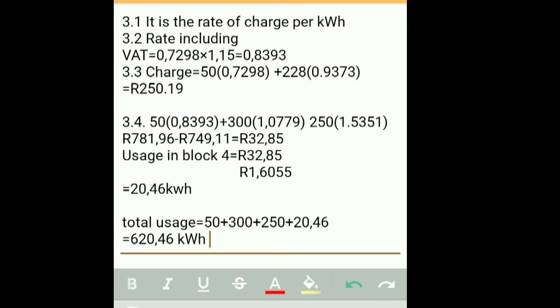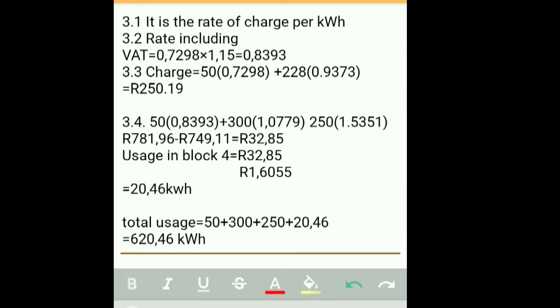So we're going to say 50 bracket 0,8393 plus 300 multiply by 1,0779 multiply 250 bracket 1,5351.